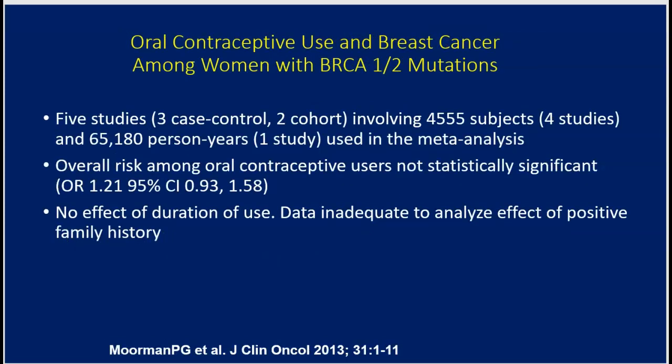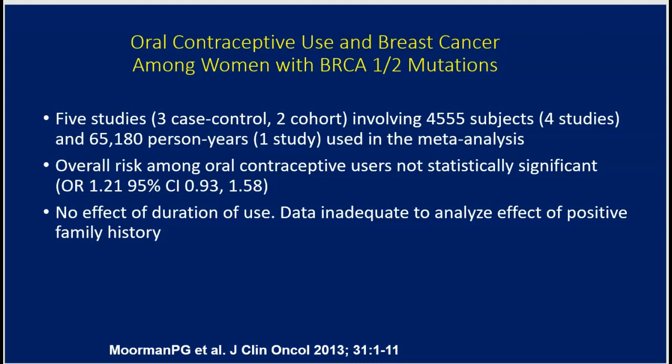What about breast cancer, particularly among women with BRCA1 and 2 mutations? Unfortunately, there's not a huge amount of data to look at this. There have been at least 5 studies, 3 case control and 2 cohort, which involved a total of 4,500 subjects in 4 of the studies and over 65,000 person years in 1 of the studies. All 5 of these studies were subjected to a meta-analysis.